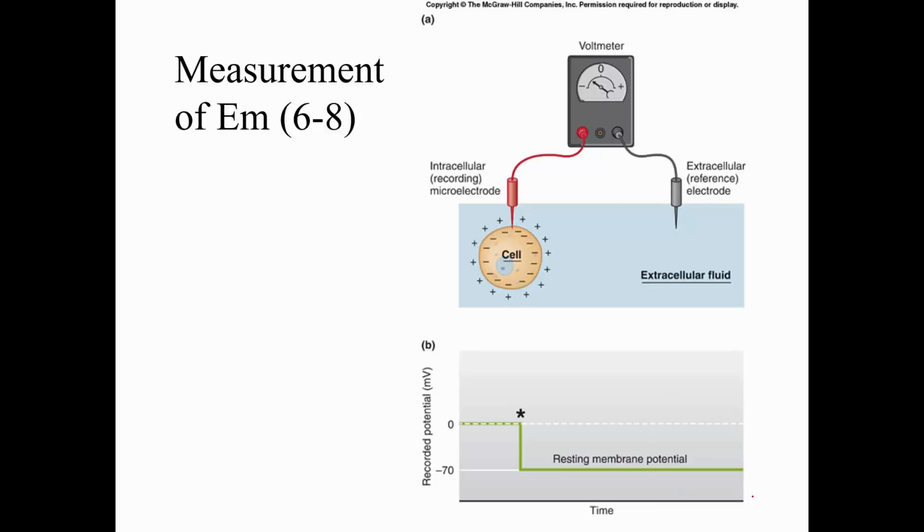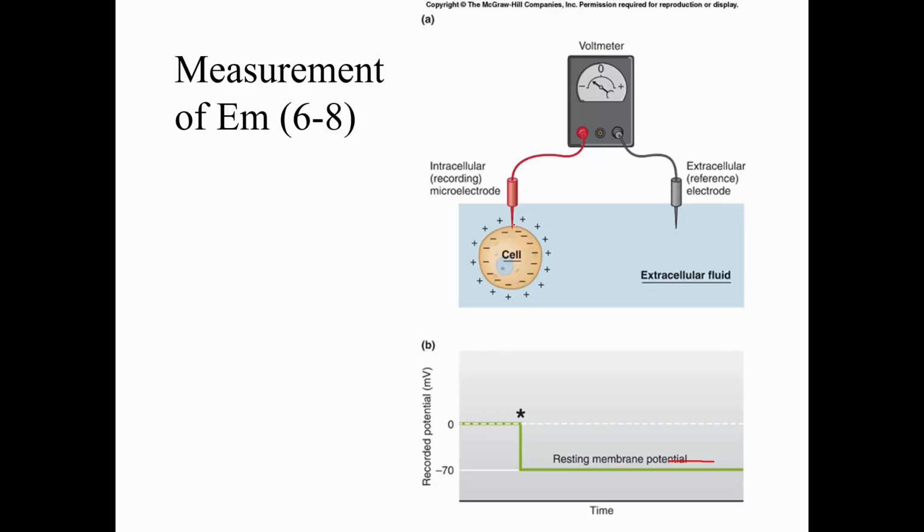So in this particular picture, this is from Chapter 6 in your textbook. Here's a little cell at rest. Another word for rest is the polarized condition, where the inner face is relatively negative, the outer face is relatively positive.